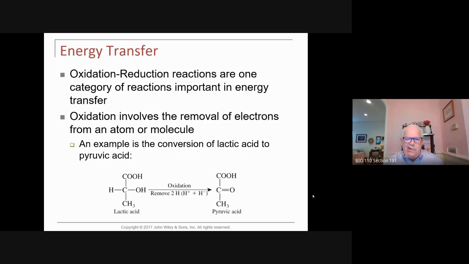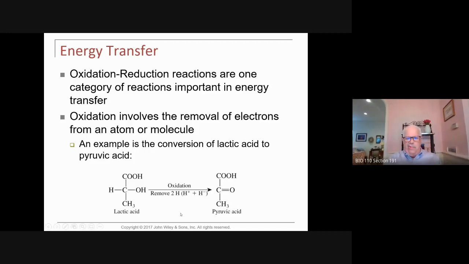Oxidation is the removal of electrons. And when we talk about the human body and a removal of an electron, it is always hydrogen, H plus. So when H plus is removed from a molecule, it's called oxidation. And a typical example is the conversion of lactic acid to pyruvic acid.